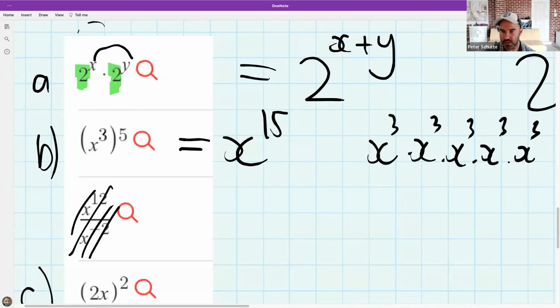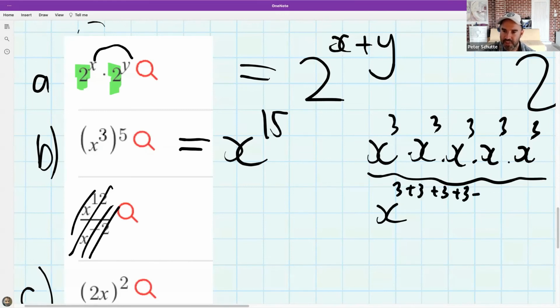Because of all these 3's over here. Notice this. What happens if we look at this answer? Aren't the bases all the same? If the bases are the same, don't we just add the powers? And that's why we get x to the 15 over here. But it's a sneaky idea, and I want you to make a very clear difference between when powers are next to each other and when powers are separated like this.